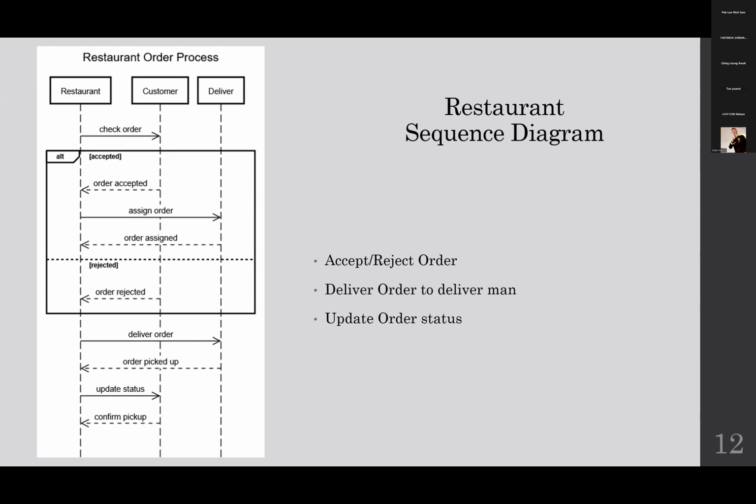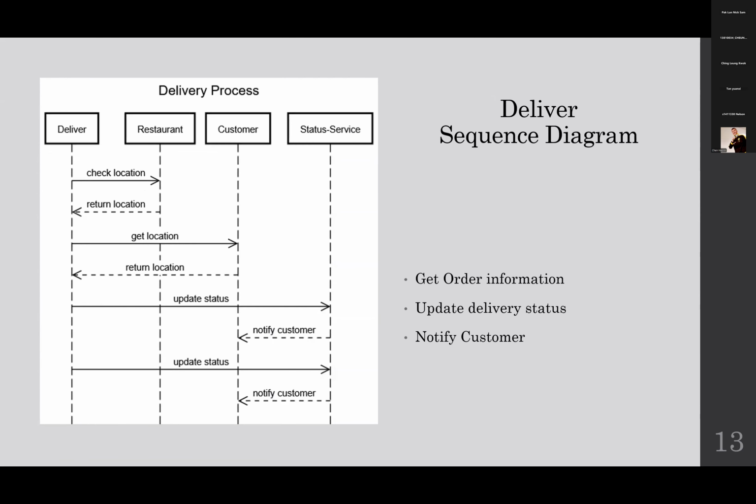And once they accept the order and finish making the food, they will send a delivery order to the deliverer and ask them to pick it up. At any time during those parts, the restaurant can update the order status so the customer can check their order.